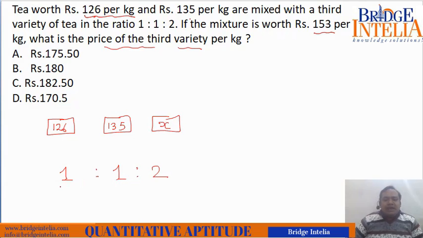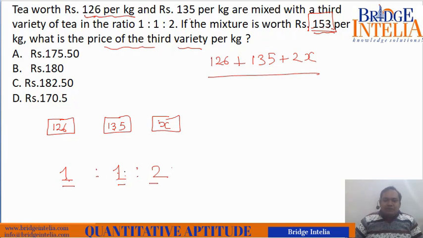But we know that if you mix them in this ratio, the resultant mixture will have an average price of rupees 153. That means if you apply the weighted average here, the answer should come out to be equal to 153. So let's apply the weighted average. 126 into 1 plus 135 into 1, that is 135, plus x into 2, that is 2x, divided by 1 plus 1 plus 2.